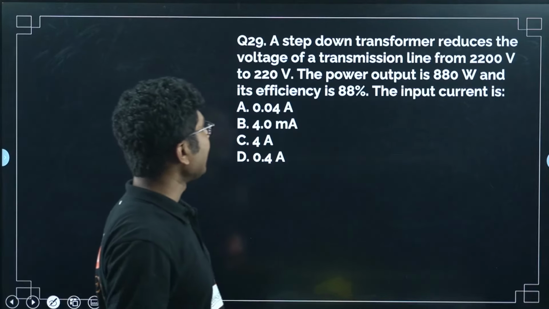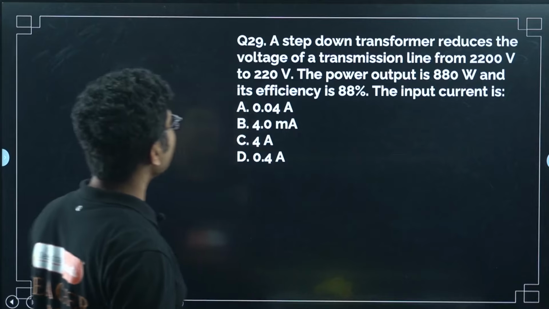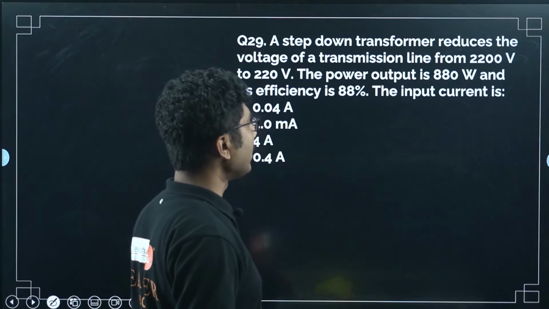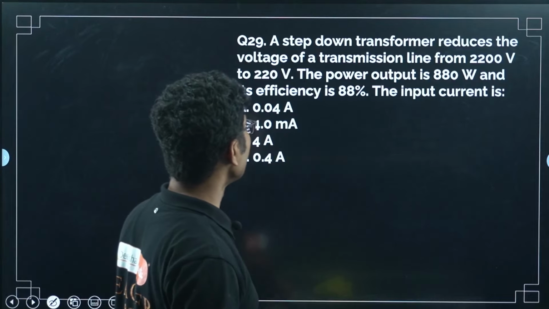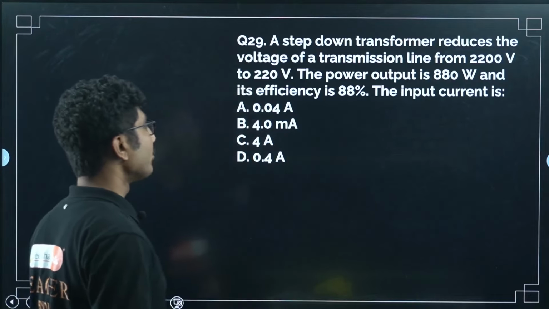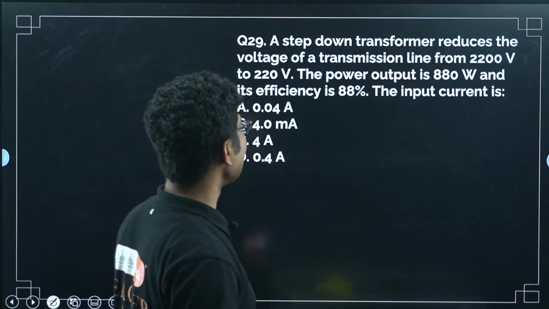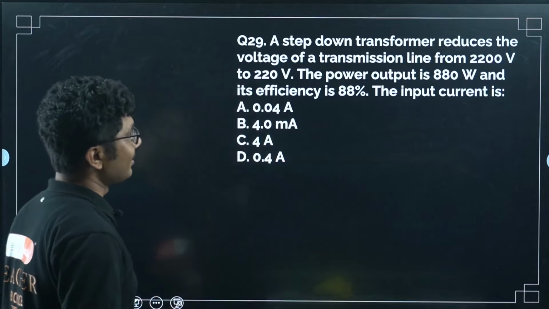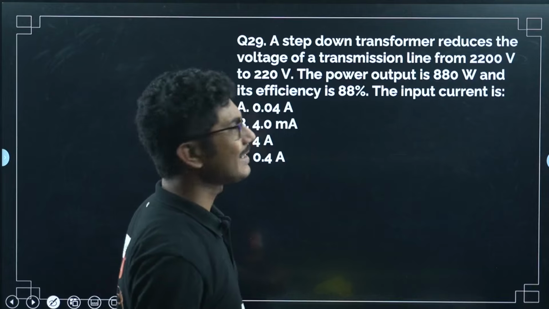Now, a step down transformer reduces the voltage of a transmission line from 2200 volt to 220 volt. The power output is 880 watt and the efficiency is 88%. The input current is. Okay, so this is a very interesting question.